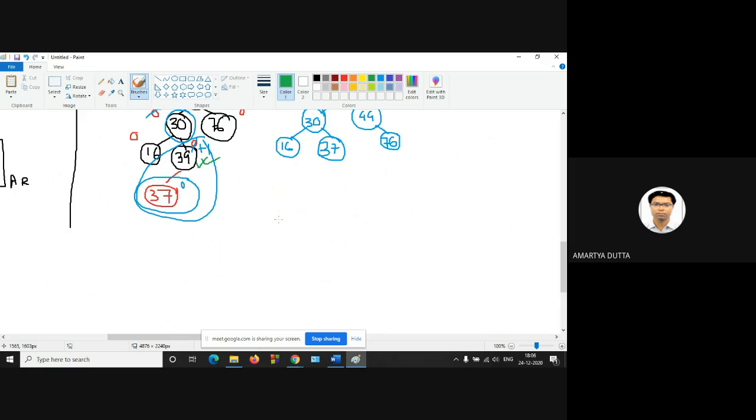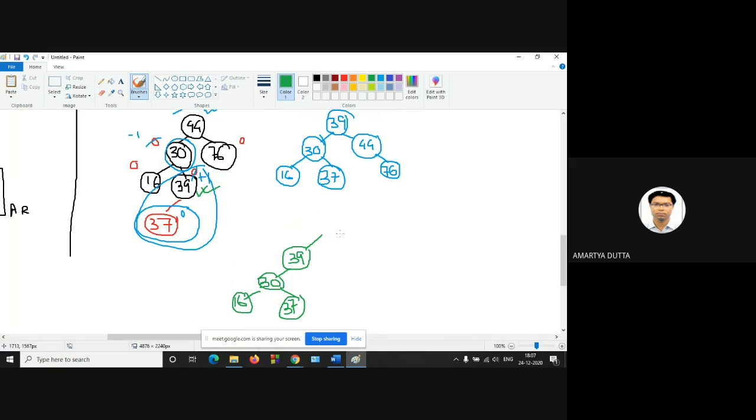Here 39 is the intermediate root. At position BL, 39 here, this will be your 30, and this is your node number 16, and this is your node number 37. And this is the 44, and this is the 76.